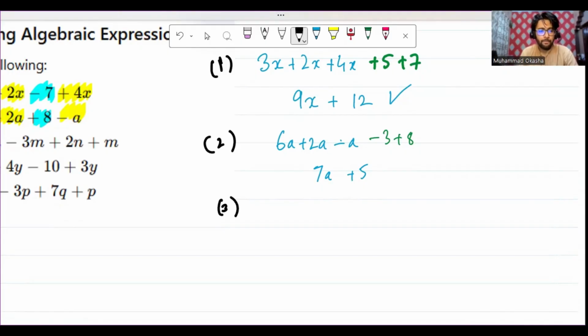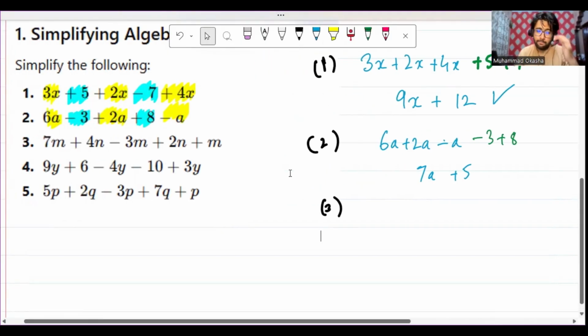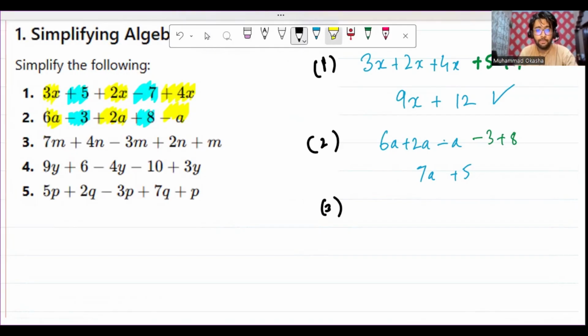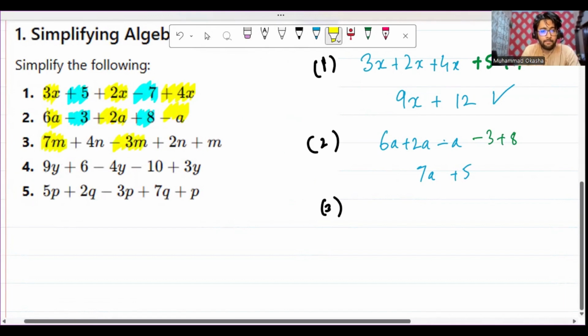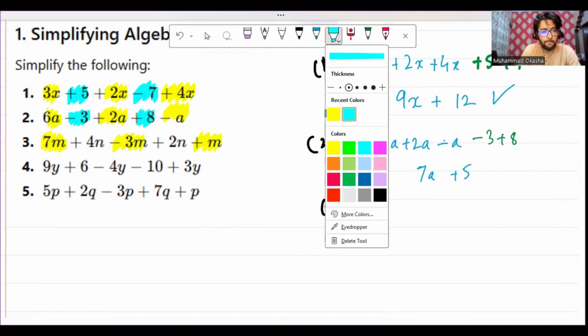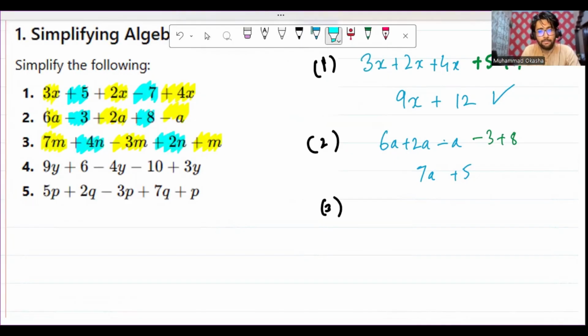Question number 3 says 7m plus 4n minus 3m plus 2n plus m. So again, I'll take 7m and negative 3m and plus m and write them together. And the other ones, 4n and 2n, I'll write separately.